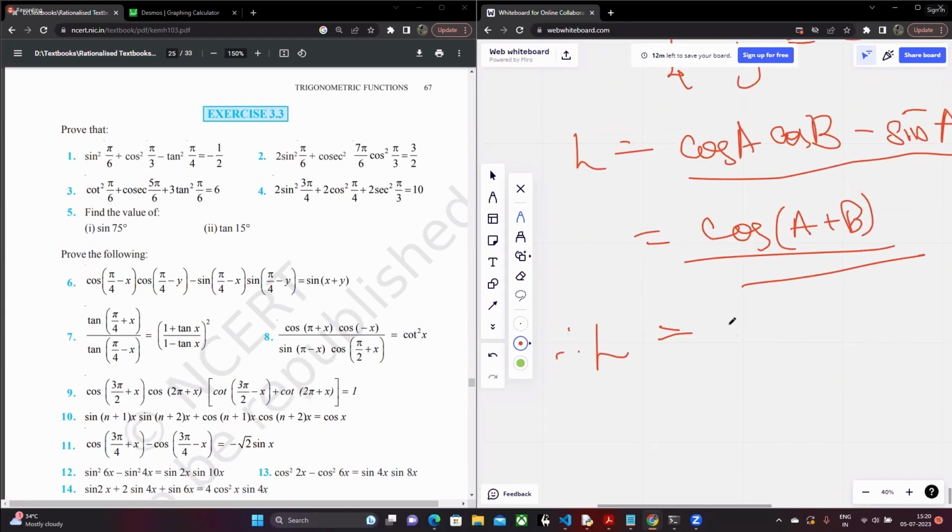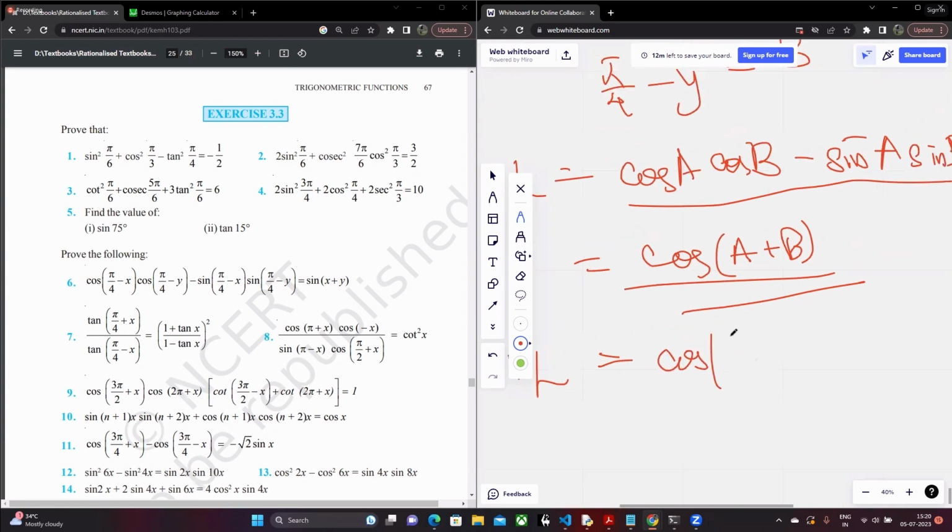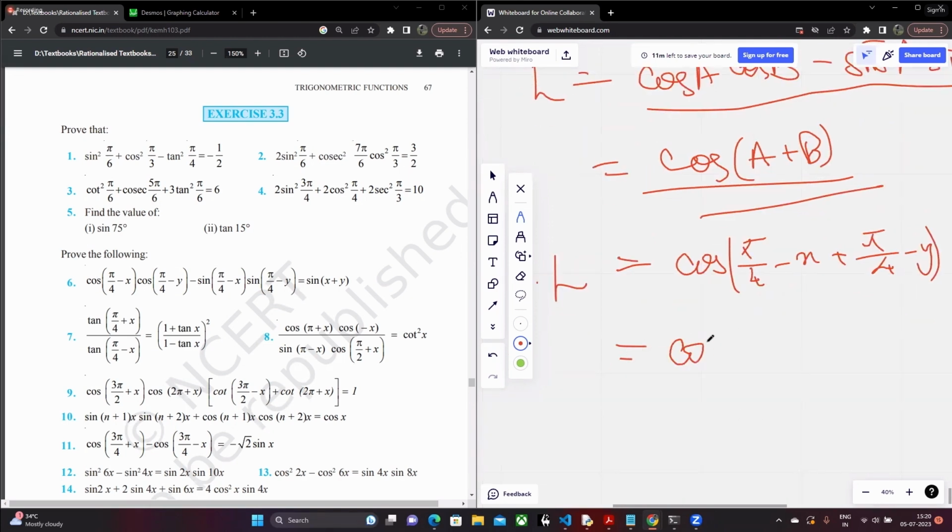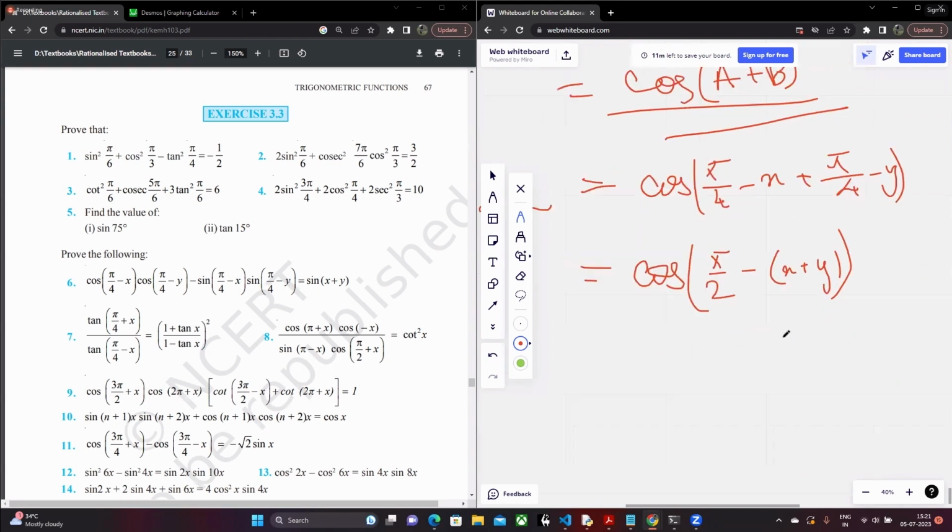Therefore, L is going to be equal to cos of pi by 4 minus x plus pi by 4 minus y, which is going to be equal to cos of pi by 4 plus pi by 4 is pi by 2, minus of x plus y. And cos of pi by 2 minus theta is going to be equal to sine theta.